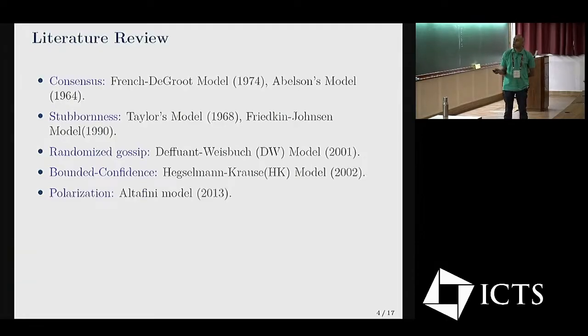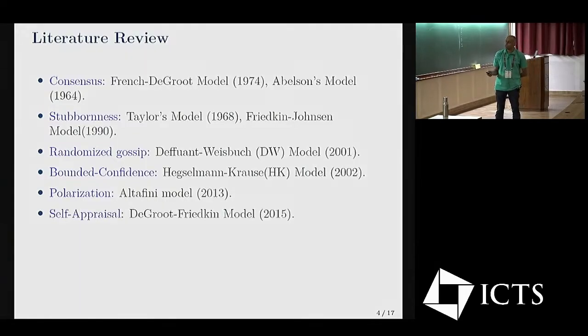Okay, so that is the kind of models that existed. To explain polarization, Altafini and others have also come up with certain models, particularly ones involving directed sign graphs and so on.